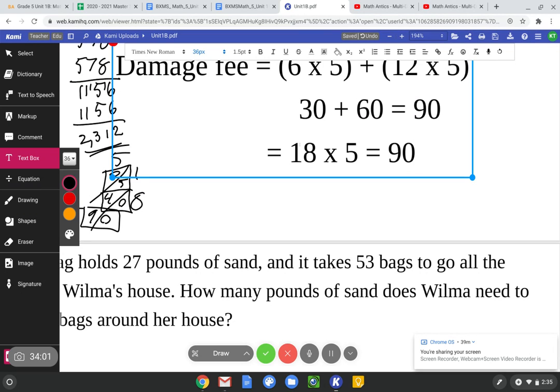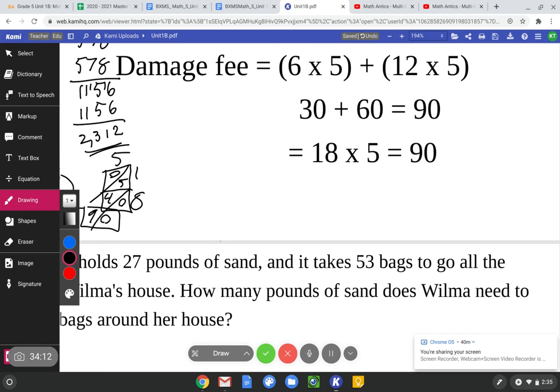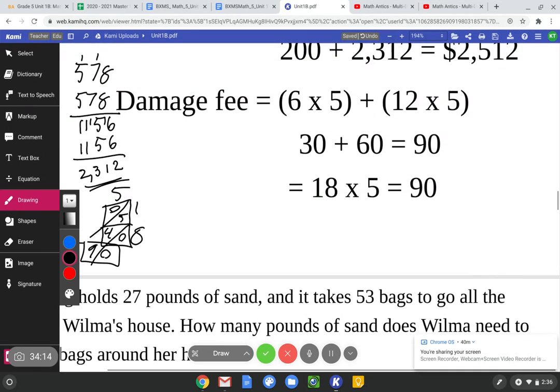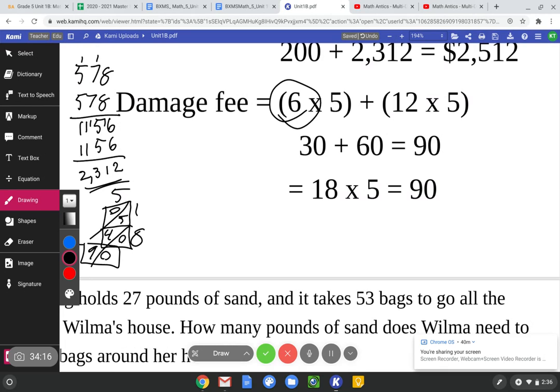And the reason why it still works is because it doesn't matter. Remember, whether they're lost or broken, either way, you're going to have to pay $5 for each pot. So it doesn't matter if they were lost or broken. You're paying $5 either way.